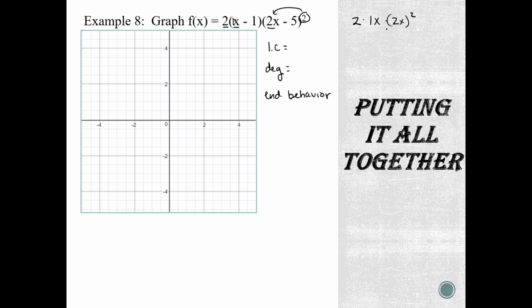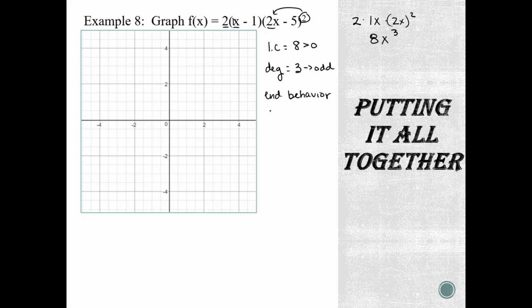So that means I have actually 8x cubed. If I were to multiply this all out, that's what my leading coefficient would be. So the leading coefficient is 8, which is greater than 0. The degree is 3, which is odd.